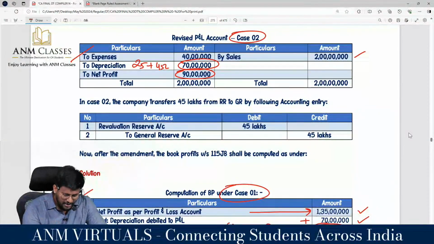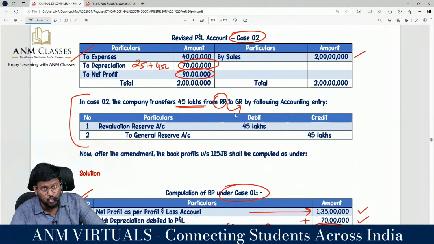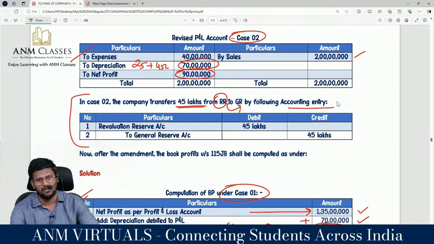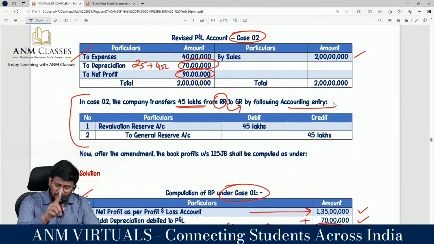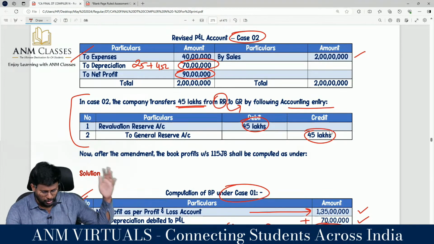No. In case number 2, the company transfers 45 lakh from revaluation reserve to general reserve by the following adjustment entry: revaluation reserve account 45 lakh to general reserve account 45 lakh, with no effect on P&L net profit.